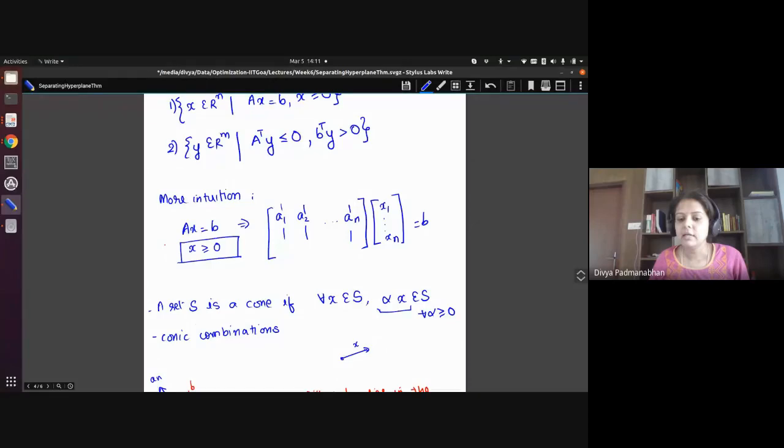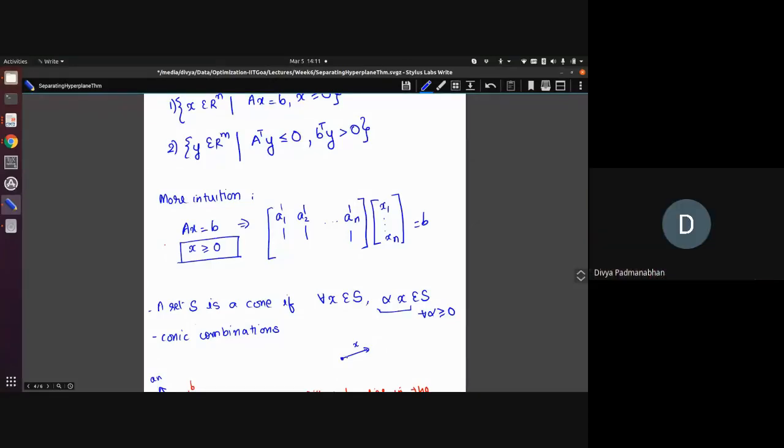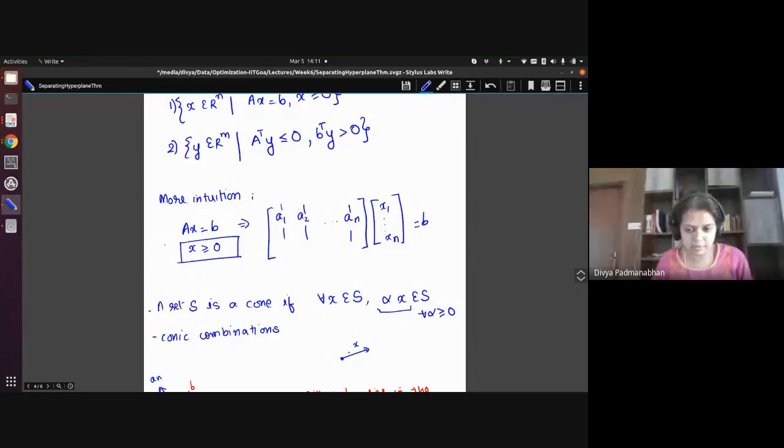To construct a cone from it, you take all positive multiples of this vector. Basically you'll have this whole ray which starts from 0. This is going to be the cone containing this single vector x.